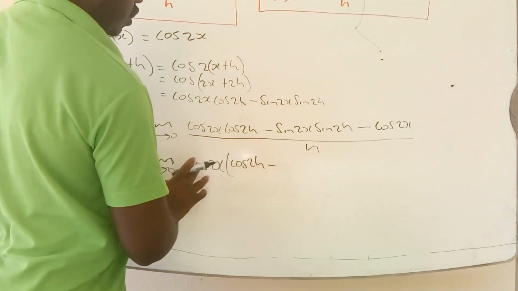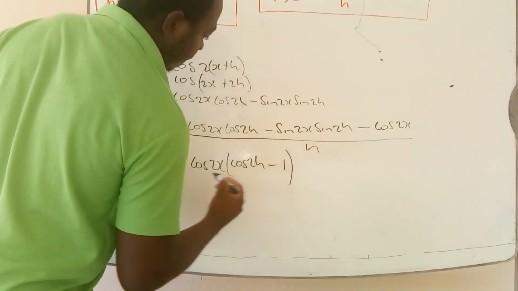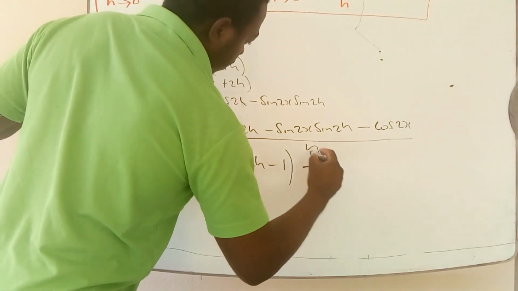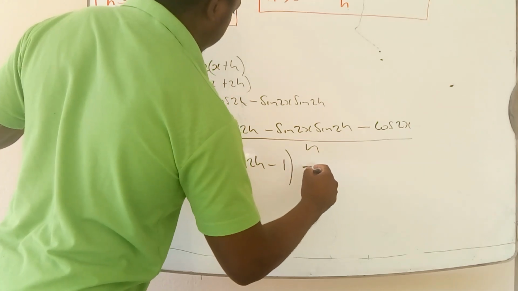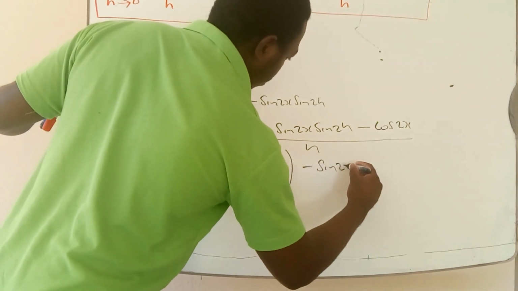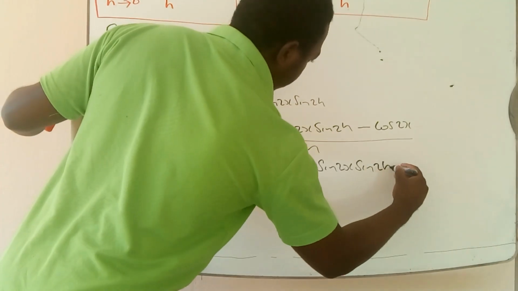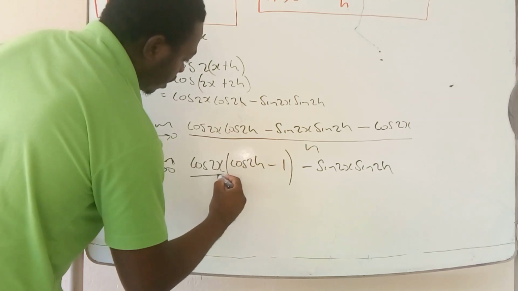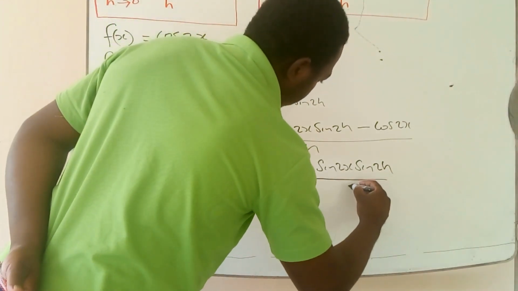Factor out cos 2x out of minus cos 2x, that leaves us with 1. Right? Minus our middle term here, which is sine 2x sine 2h. Instead of writing all of this over h, I'm just going to split it, so it is this fraction over h and this part over h.